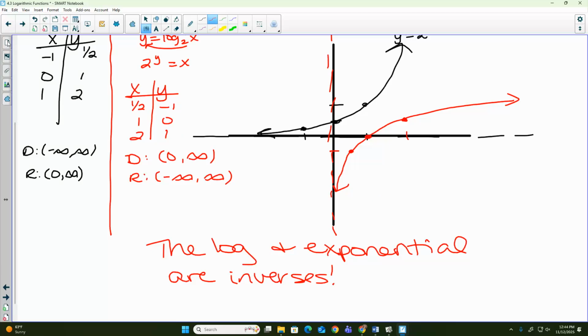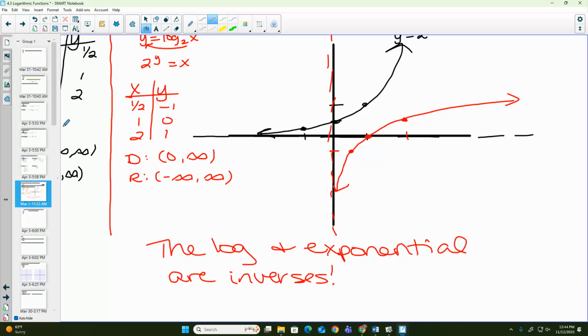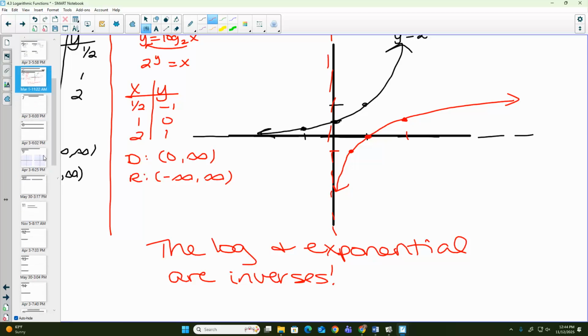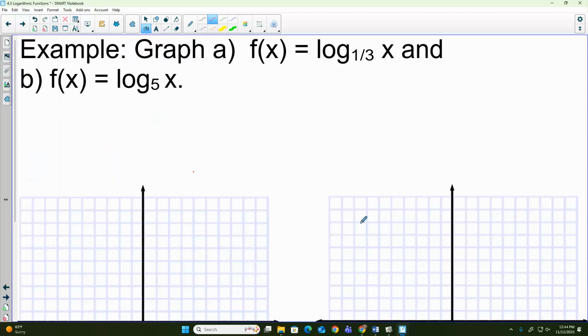Any questions there? So, last thing we're going to do is just practice graphing some logs. To do this, we're going to do it just how we did the other one. We're going to change it to exponential form and then get our graph. We'll do this one together. So f of x is the same thing as what variable?